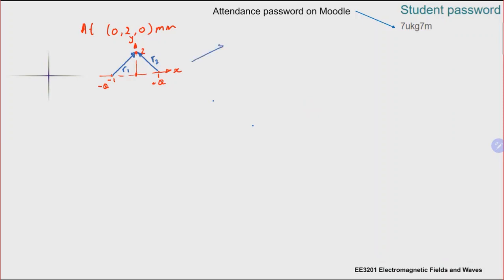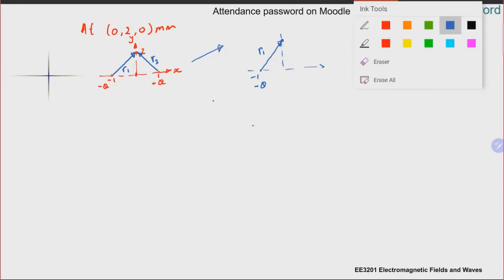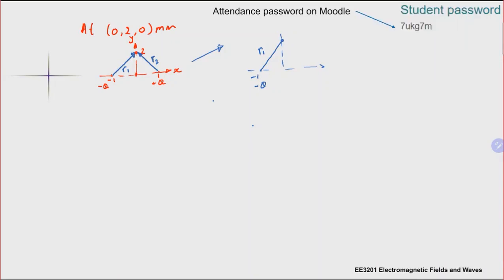Okay, so we can do this. -1 with a charge of minus q, 2, R1. Okay, and our E field we assume to be pointing away.